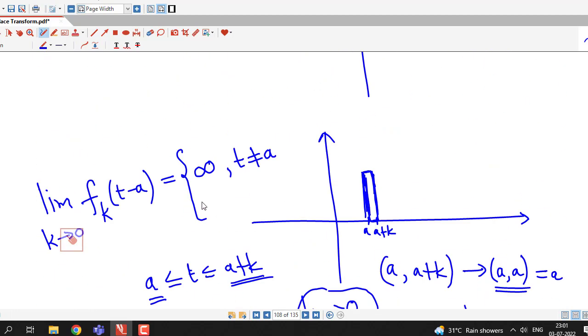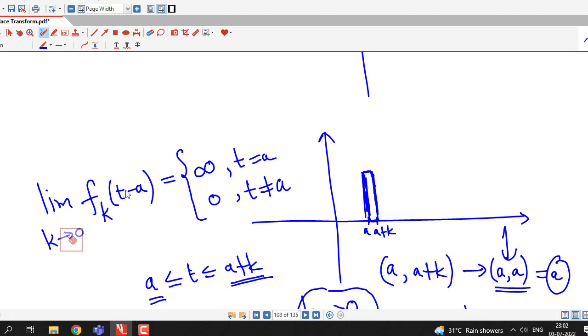So I have this type of function: infinity if t equals a, that means at point a, and except t equals a, function is 0.